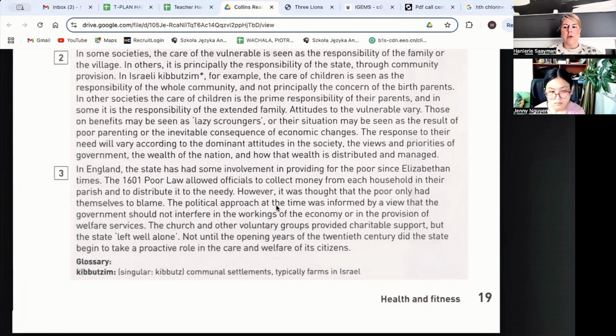The political approach at the time was informed by a view that the government should not interfere in the workings of the economy or in the provision of welfare services. The church and other voluntary groups provided charitable support, but the state left well alone. Not until the opening years of the 20th century did the state begin to take a proactive role in the care and welfare of citizens. Okay, so what is the last paragraph about?